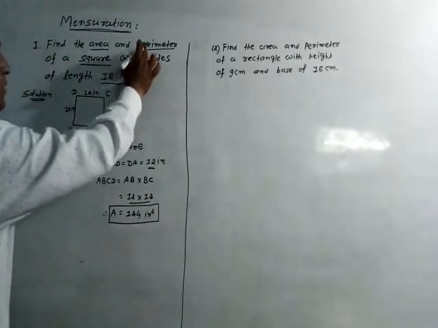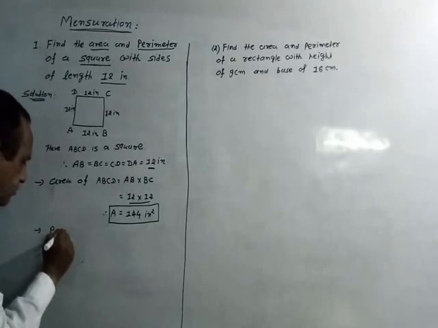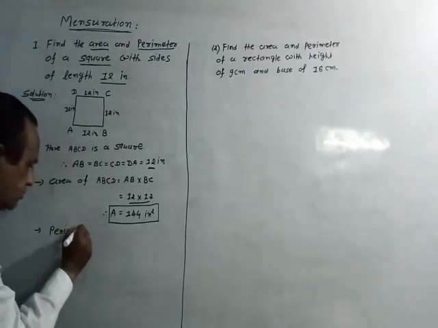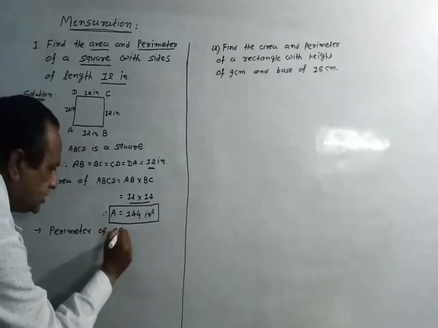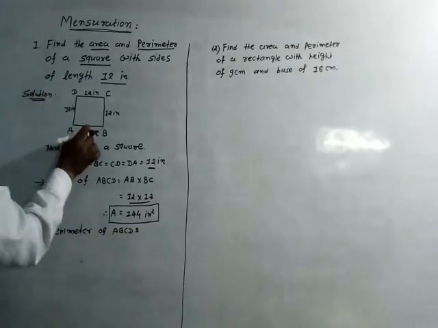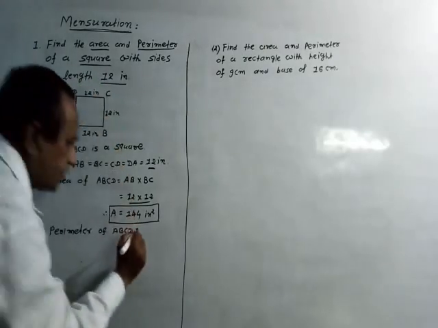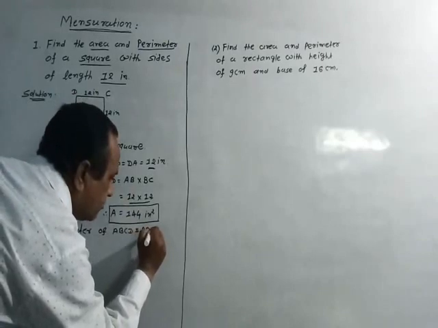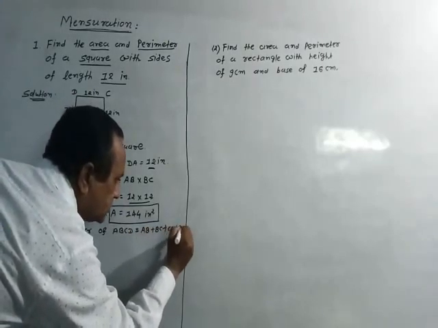Now second, find the perimeter. The perimeter of ABCD is AB plus BC plus CD plus DA.